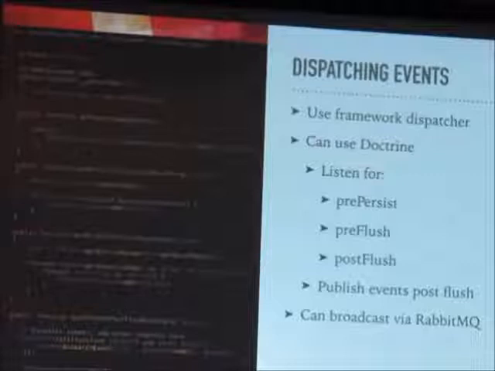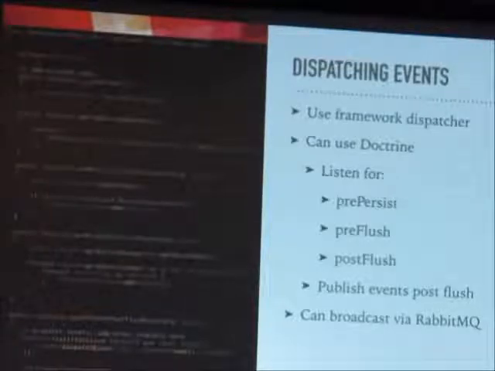The identity map only contains loaded objects. I found this out the hard way, so hopefully nobody else has to. Then pre-flush, we can capture anything that has changed, that has been loaded, and obviously post-flush, where we're actually going to dispatch the events.